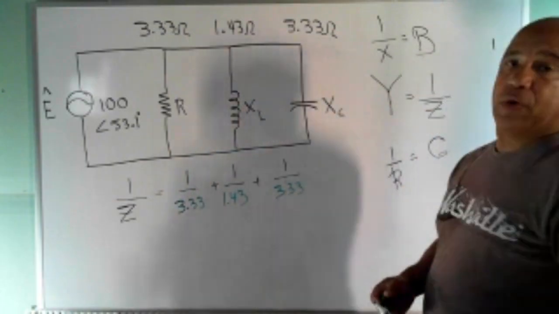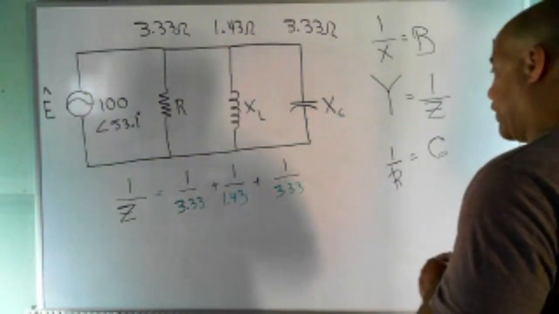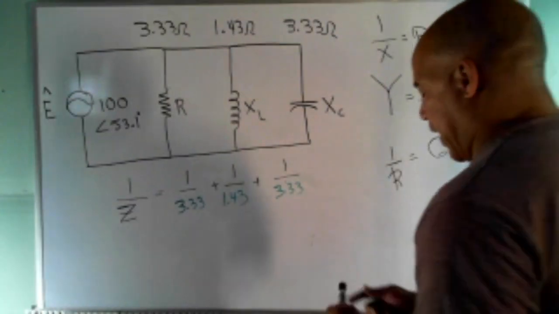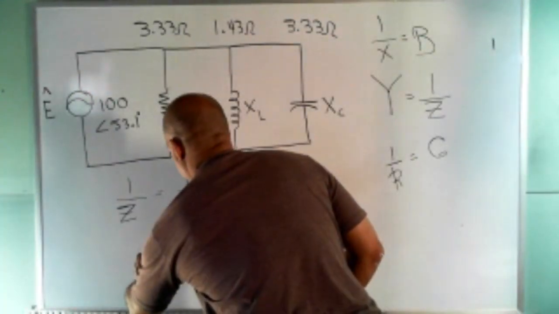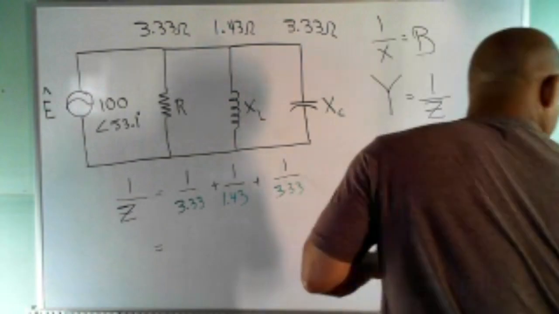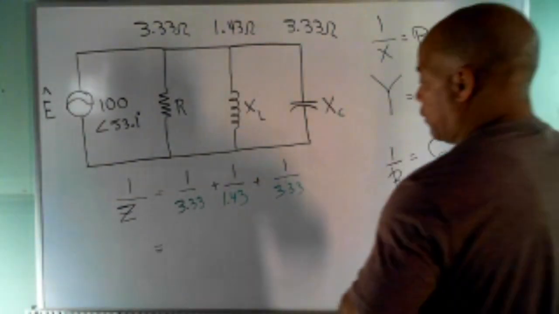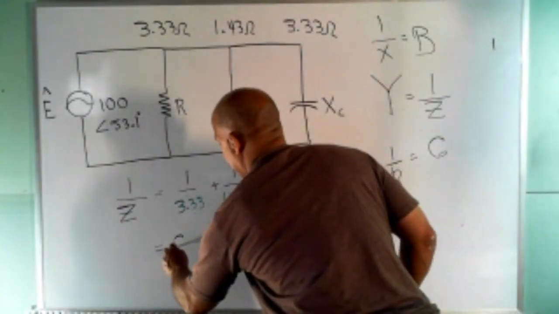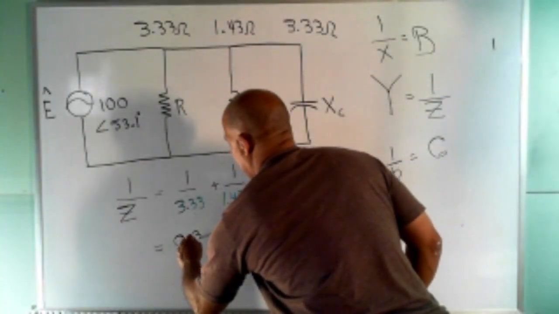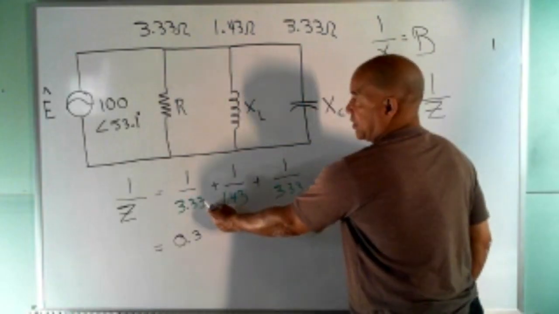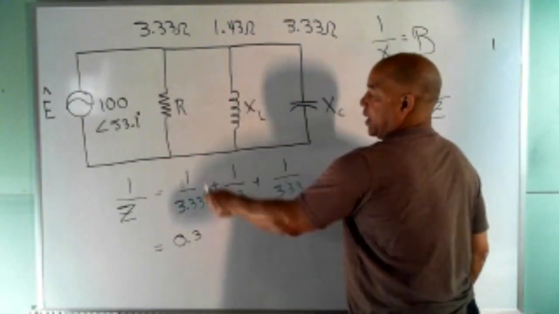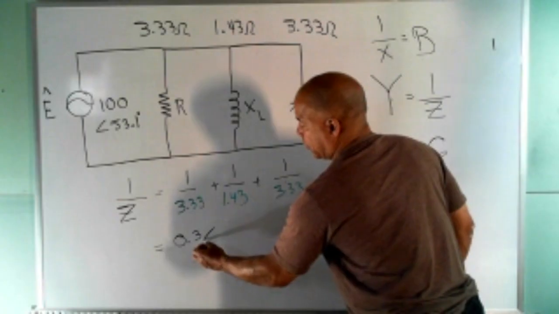Just like you would as if you had a DC circuit, exactly the same. So if we do the math, for that first ratio, I actually worked this out. I got 0.3. Now, that resistance is at an angle of 0 degrees, so when I bring it up, it'll still be at an angle of 0 degrees.